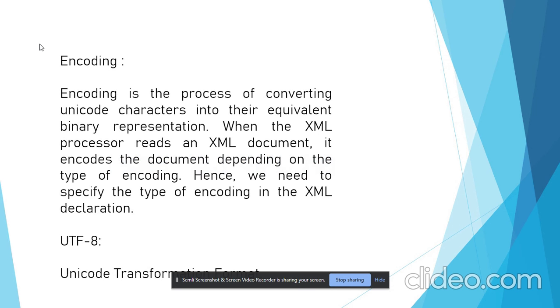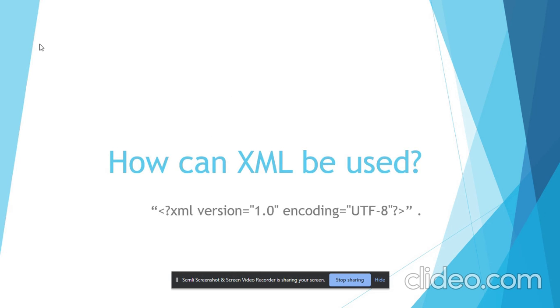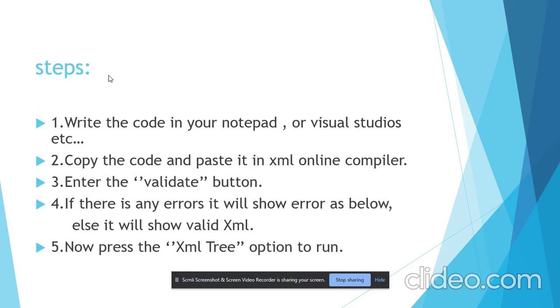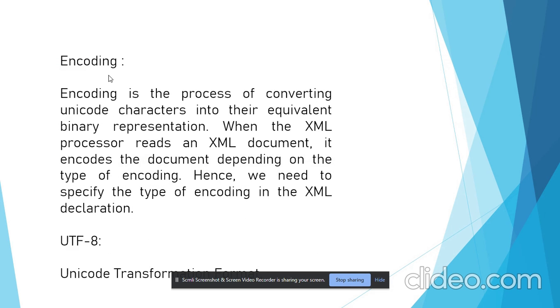When the XML processor reads an XML document, it encodes the document depending on the type of encoding. Hence, we need to specify the type of encoding in the XML declaration. In the above, the type of encoding is UTF-8, which means Unicode Transformation Format.